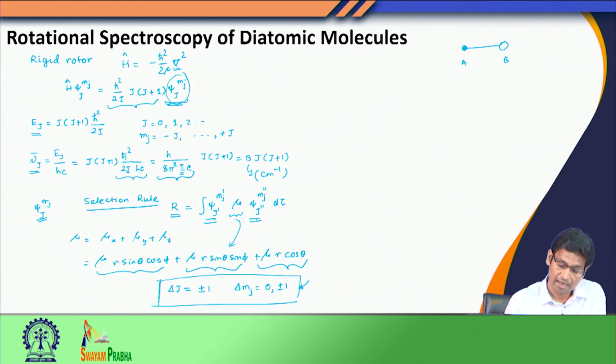This is a specific selection rule, but there exists another, gross selection rule. In this transition dipole moment integral, I do not have to expand mu into mu x, mu y, mu z if mu itself is 0. If the molecule does not have a permanent dipole moment, mu becomes 0, so its 3 components are also going to be 0.